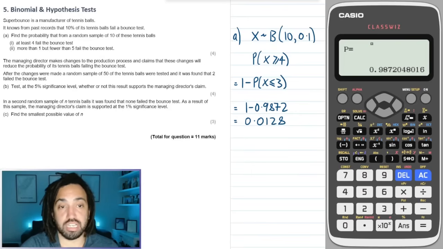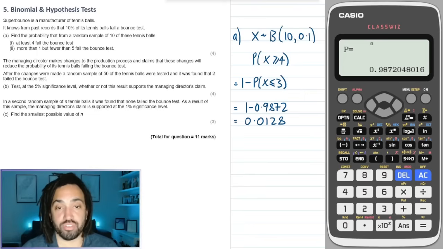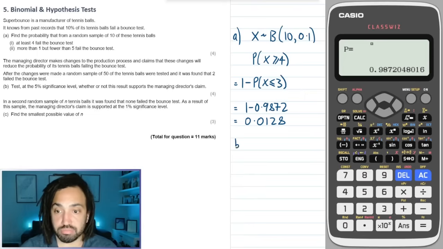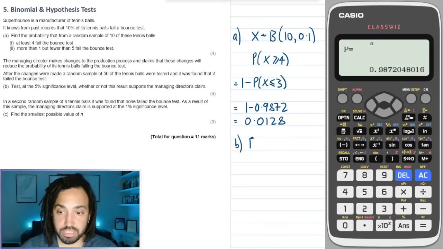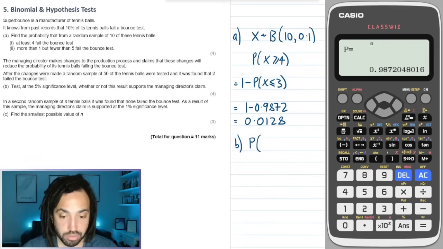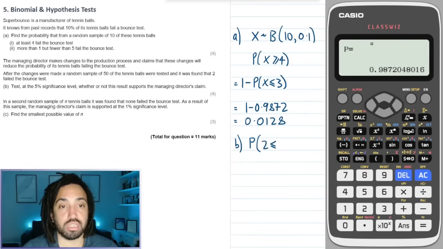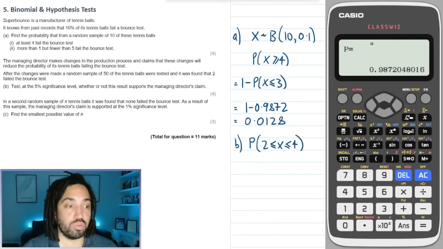Okay, next part says more than 1 but fewer than 5. So I need the probability of more than 1, so that will be 2 or more, but fewer than 5, so we can't have 5, so that will be less than or equal to 4, like that.